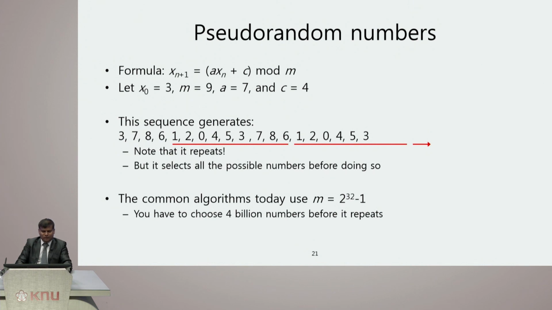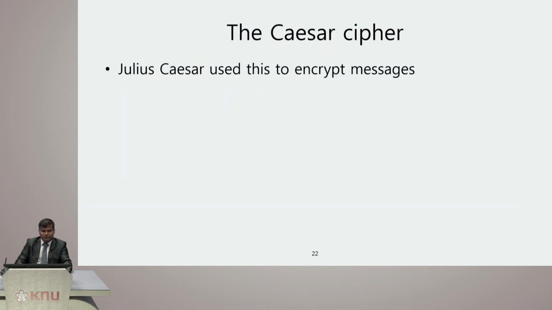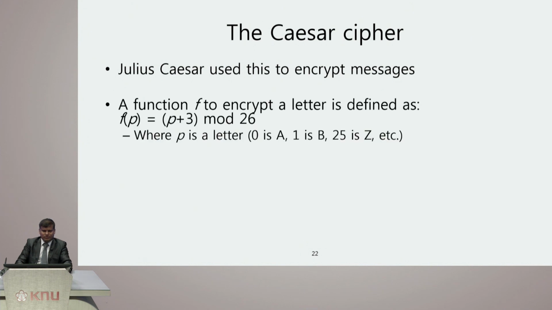Let's see how and where these applications of random numbers and prime numbers can be used. We know that one of the applications is cryptography. So that's where we have Julius Caesar's crypto messages. It's quite easy crypto. We can simply use the function to encrypt the values.